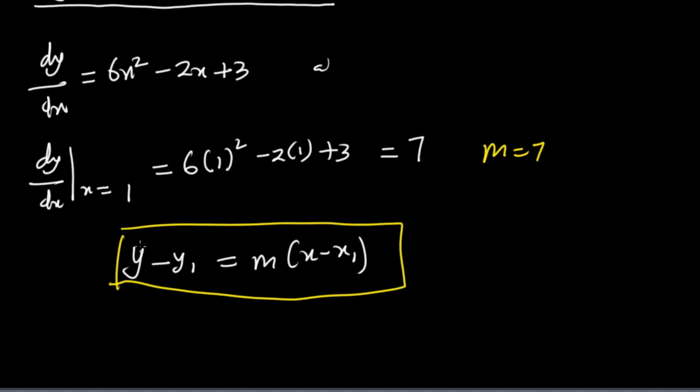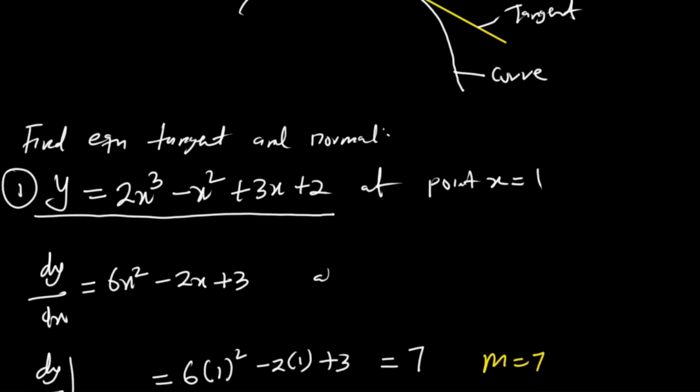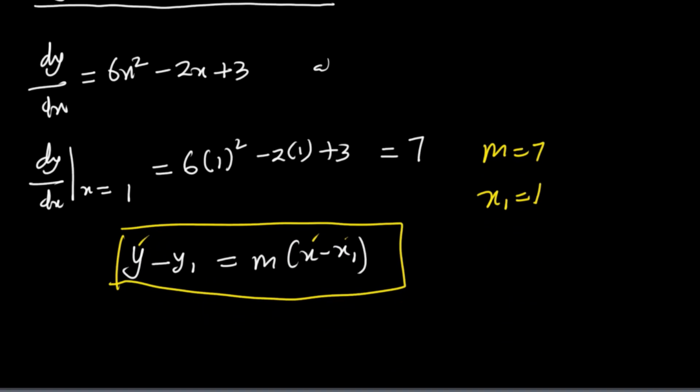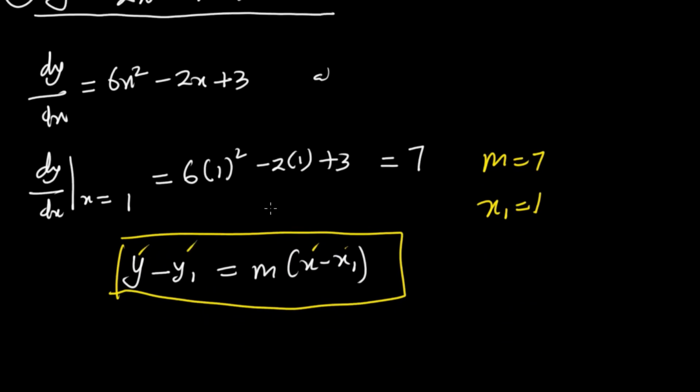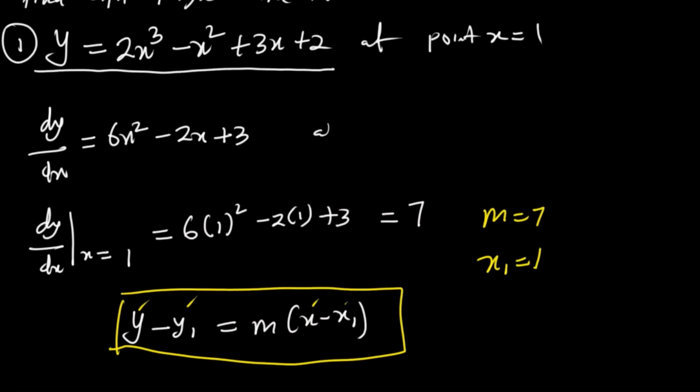We don't need to look for y, and we don't need to look for x. We've also gotten x1, which is 1, since we're given that at the point x1. Now the next thing we're looking for is y1. y1 is simply found by substituting the value of x1 into our expression. So we now substitute 1 into this expression.